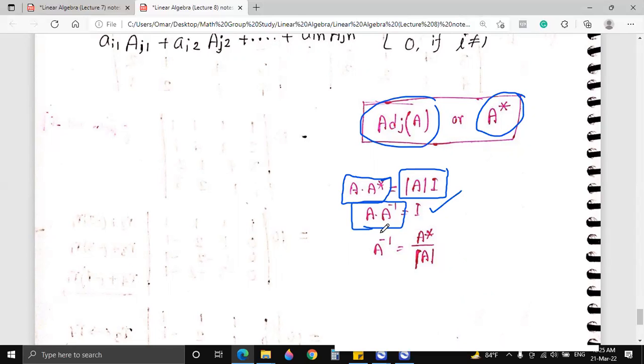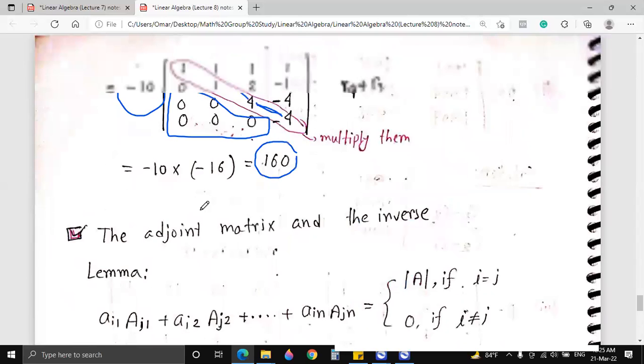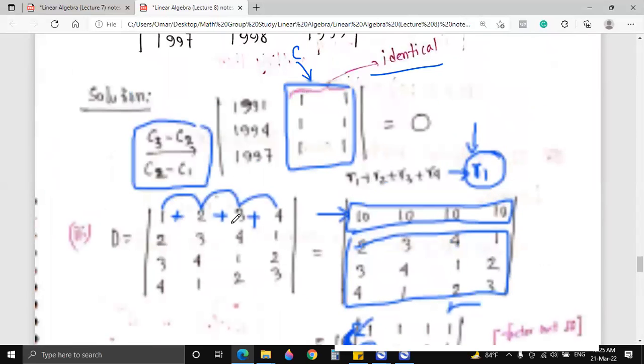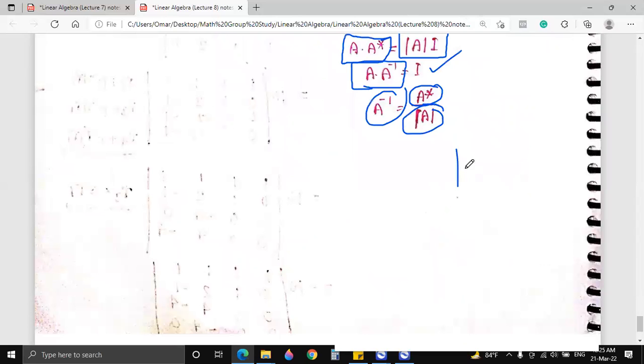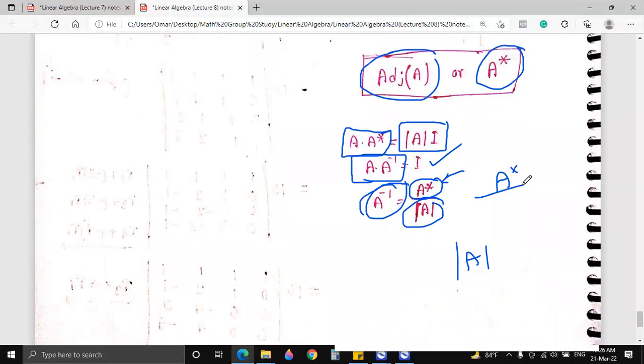The inverse matrix is the adjoint matrix divided by the determinant, which is called modulus A. So we get the inverse matrix if we divide the adjoint matrix by the determinant.